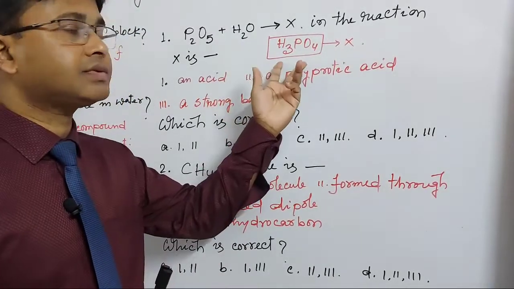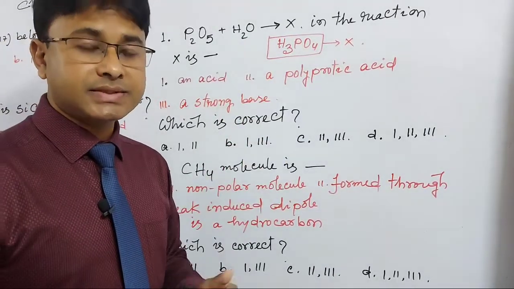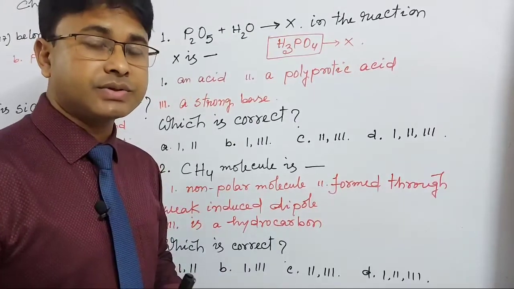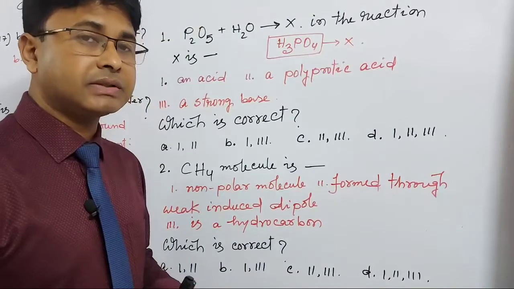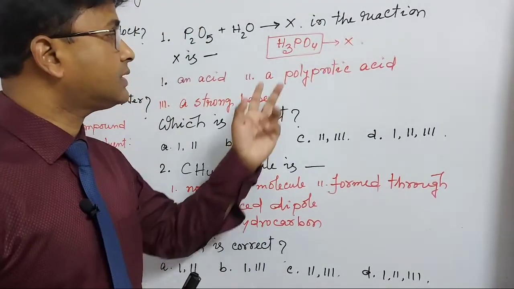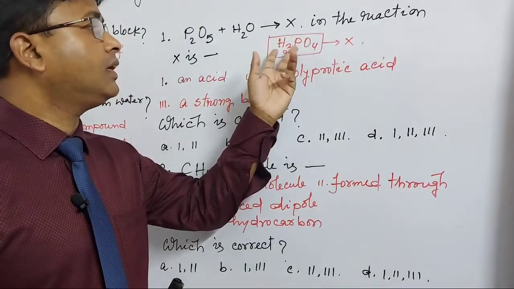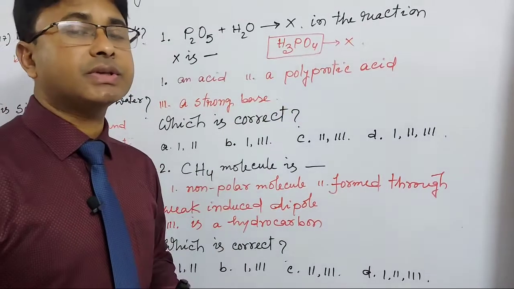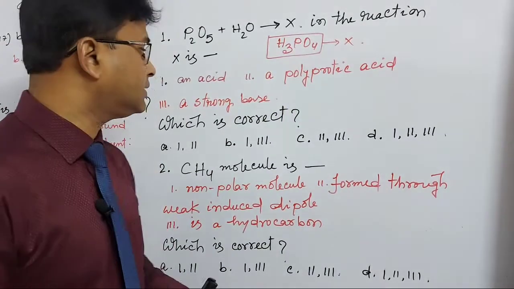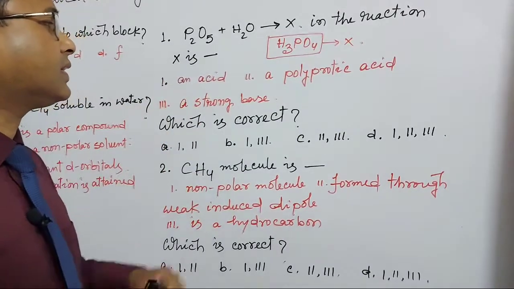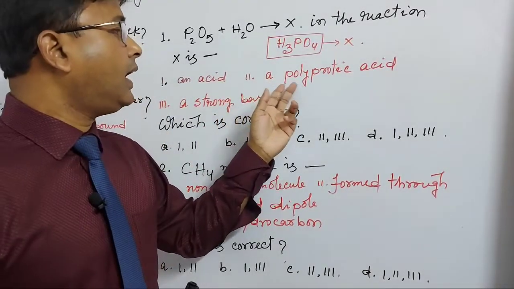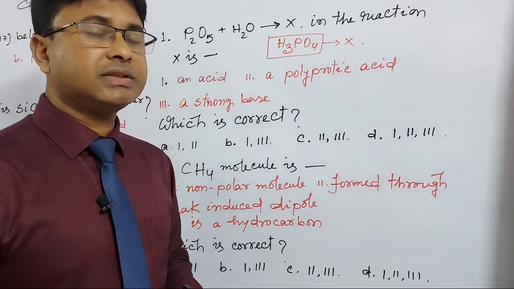It also reacts with a base like sodium hydroxide to produce sodium phosphate salt and water. That's why, students, I can say H3PO4 is an acid. Okay, first one is correct, and second one is a polyprotic acid.